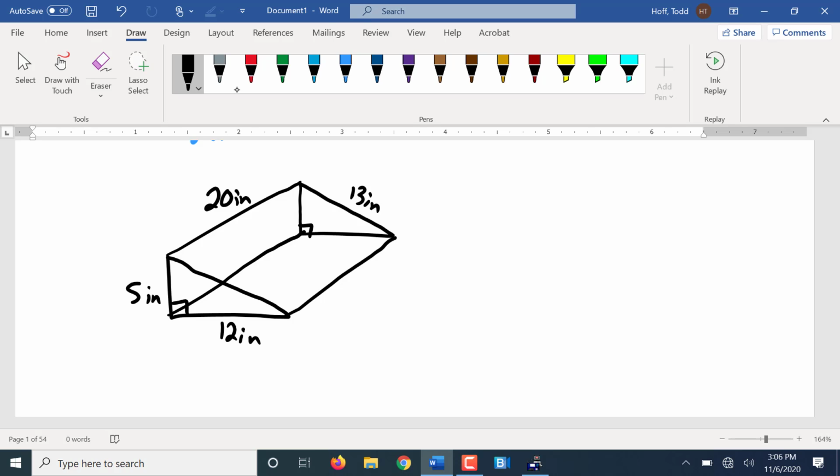For this shape, the base is this triangle here. Because if I take that triangle and slide it through, it ends up sliding through the whole object. It ends up matching up at the other end.